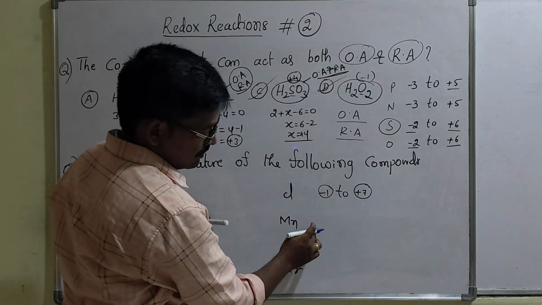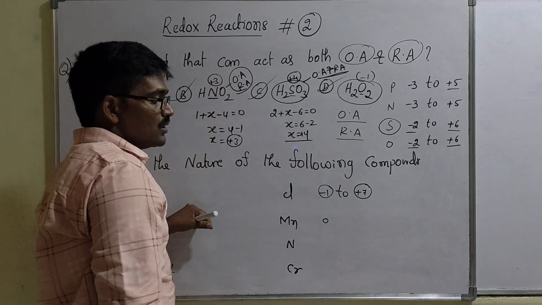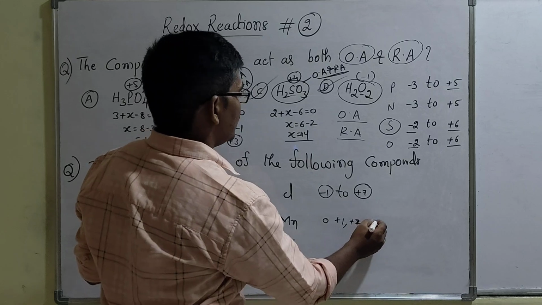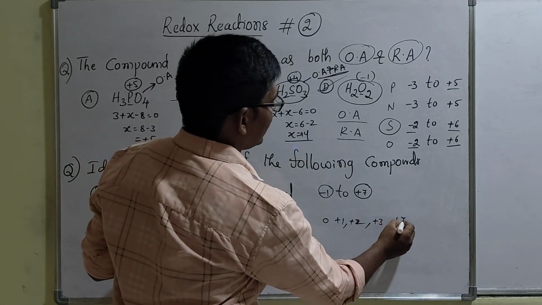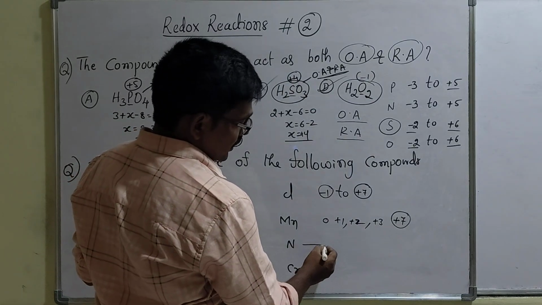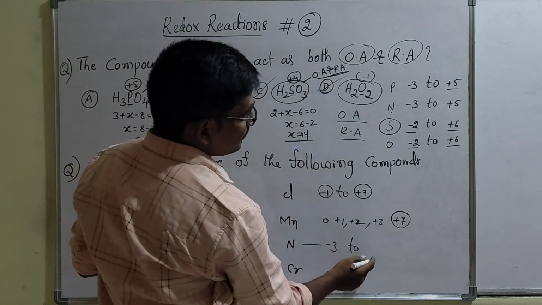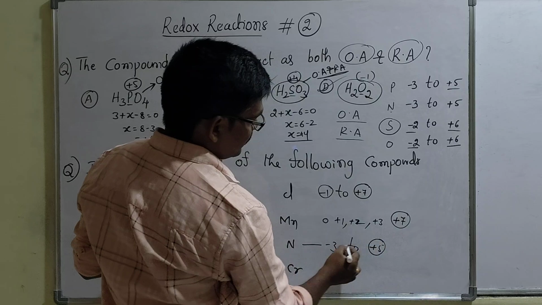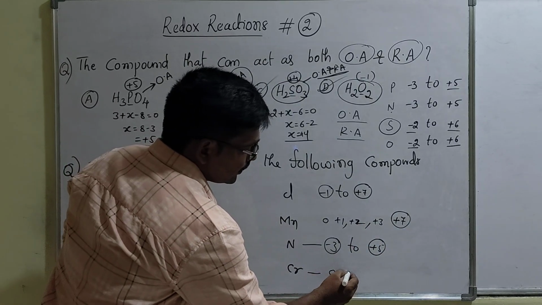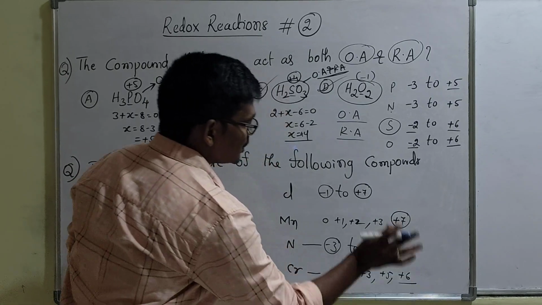Manganese, a d-block element, goes from 0, then plus 1, plus 2, plus 3, plus 4 up to plus 7, the maximum. Nitrogen goes from minus 3 to plus 5. Chromium can exhibit 0 to plus 1, plus 3, plus 5, plus 6.